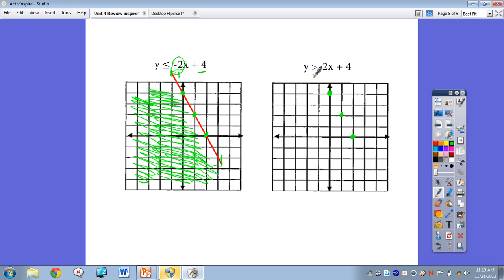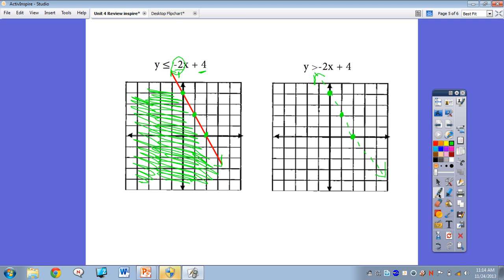Instead, it's going to be a dashed line, a dotted line. So that's the difference between when you use a solid line like this one, because it was also equal to, versus just an inequality where it doesn't have the equal to. So here this line was dotted.